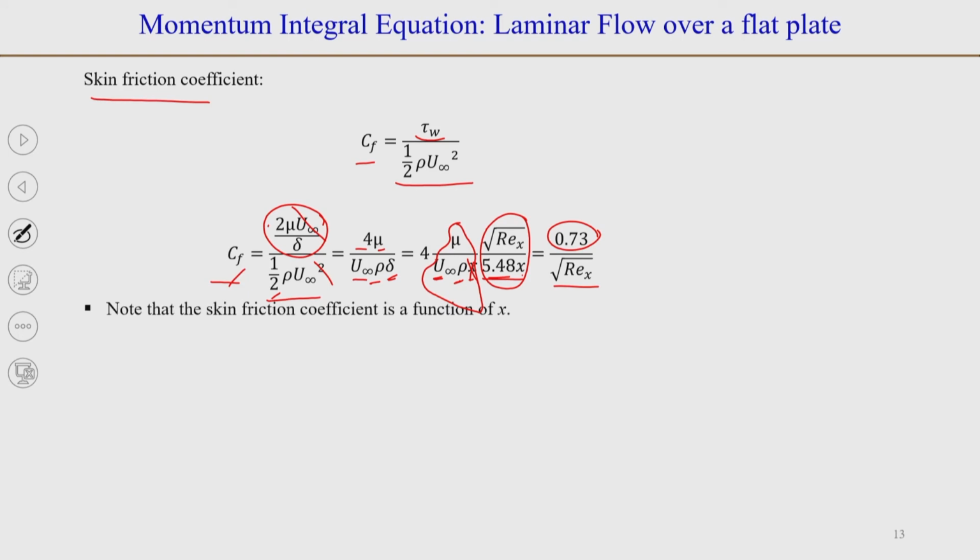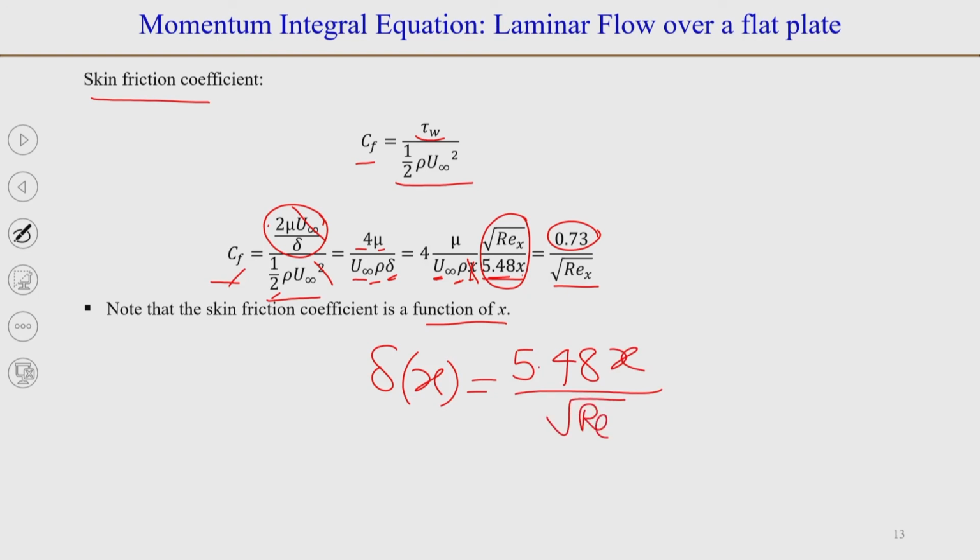Okay. So, we get this skin friction coefficient as a function of x here. So, we have found the value of delta as a function of x, which is 5.48 x divided by square root of Re x.